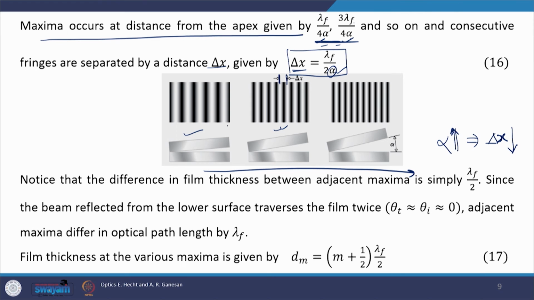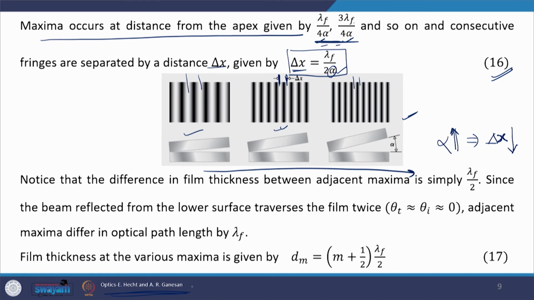The fringe width is large here, here it has reduced, and here it is relatively very small. It slowly decreases as alpha is increased. As we increase alpha, the thickness of the fringes reduces, which is very clear from equation number 16 also.